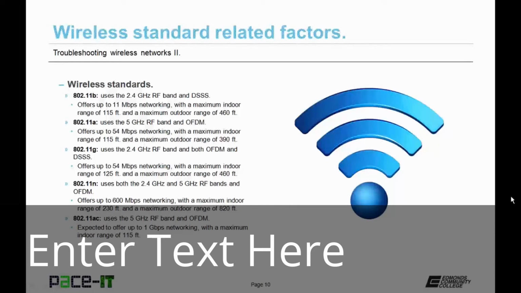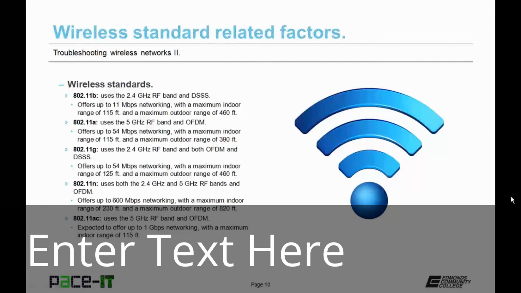It offers up to 11 megabits per second networking with a maximum indoor range of 115 feet and a maximum outdoor range of 460 feet. 802.11a uses the 5 GHz RF band and OFDM as its method of modulation. .11a offers up to 54 megabits per second networking with a maximum indoor range of 115 feet and a maximum outdoor range of 390 feet.